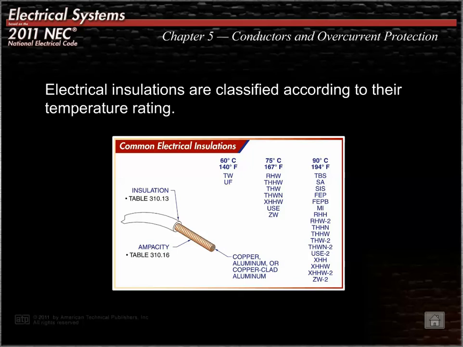These values assume an ambient temperature of 30 degrees C and not more than 3 current-carrying conductors in a raceway or cable. While there are many different types of insulations listed, all of them are assigned to one of 3 basic classifications: 60 degrees C, 75 degrees C, and 90 degrees C.